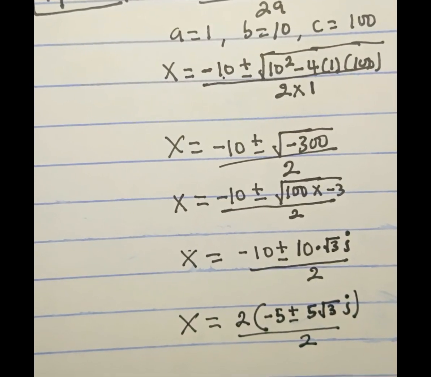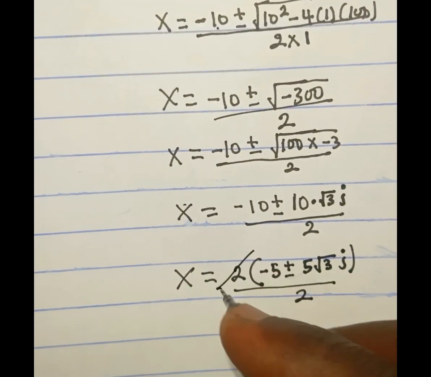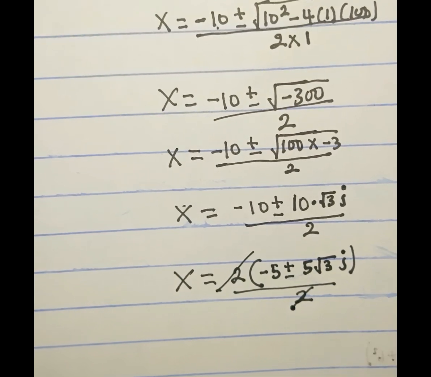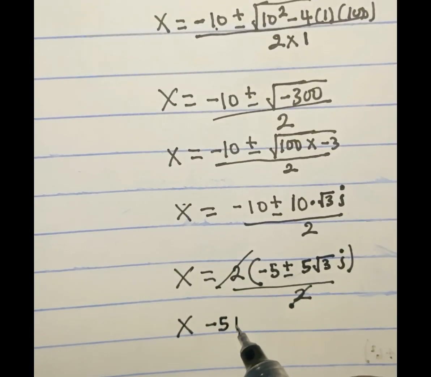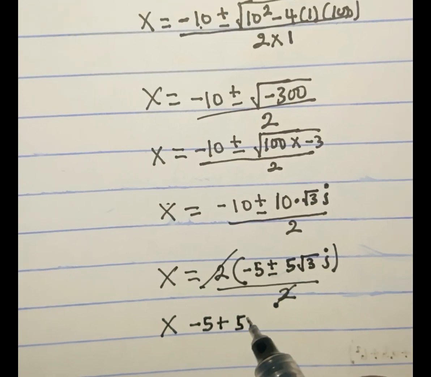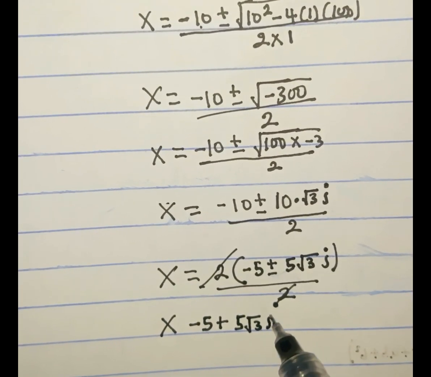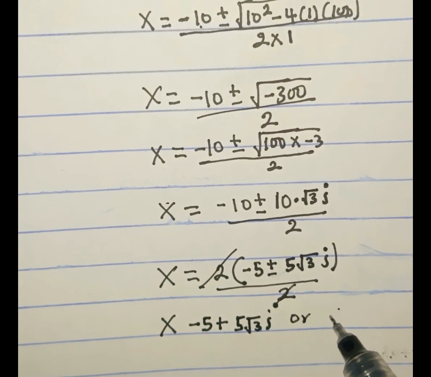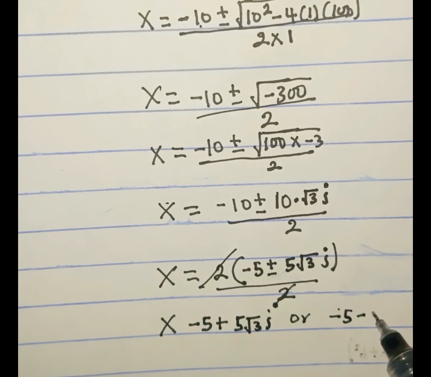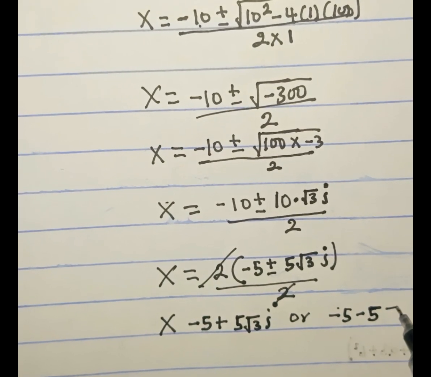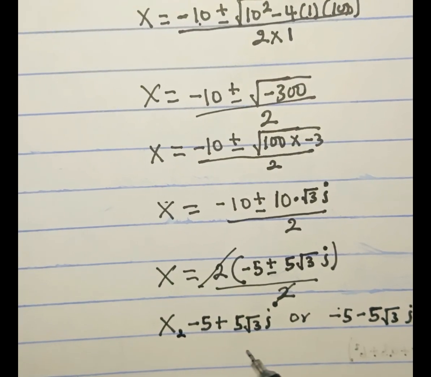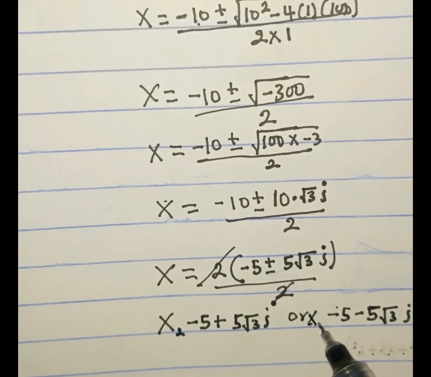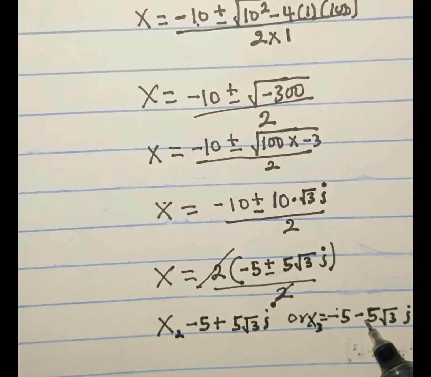Everything over these 2, so that these 2 can cancel these 2. So we are left with just minus 5 plus 5 root 3 i, or minus 5 minus 5 root 3 i. So this is the second solution, and this is the third solution.